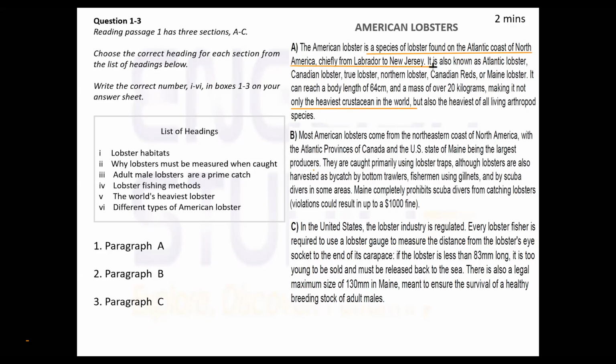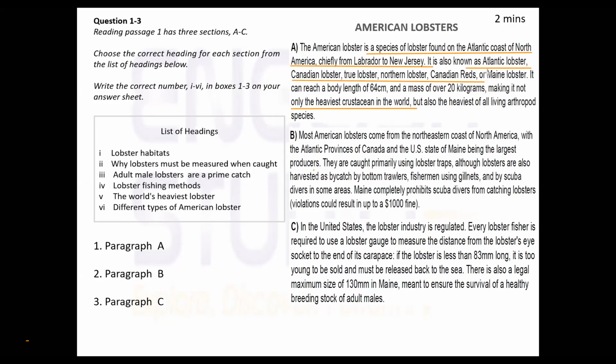Okay, that's why your answer is lobster habitats, right? So, thank you, Miss Fatika. I also see someone answer different types of American lobster, because maybe you find it here. It is also known as Atlantic lobster, Canadian lobster, true lobster, northern lobster, Canadian bass, or Maine lobster.